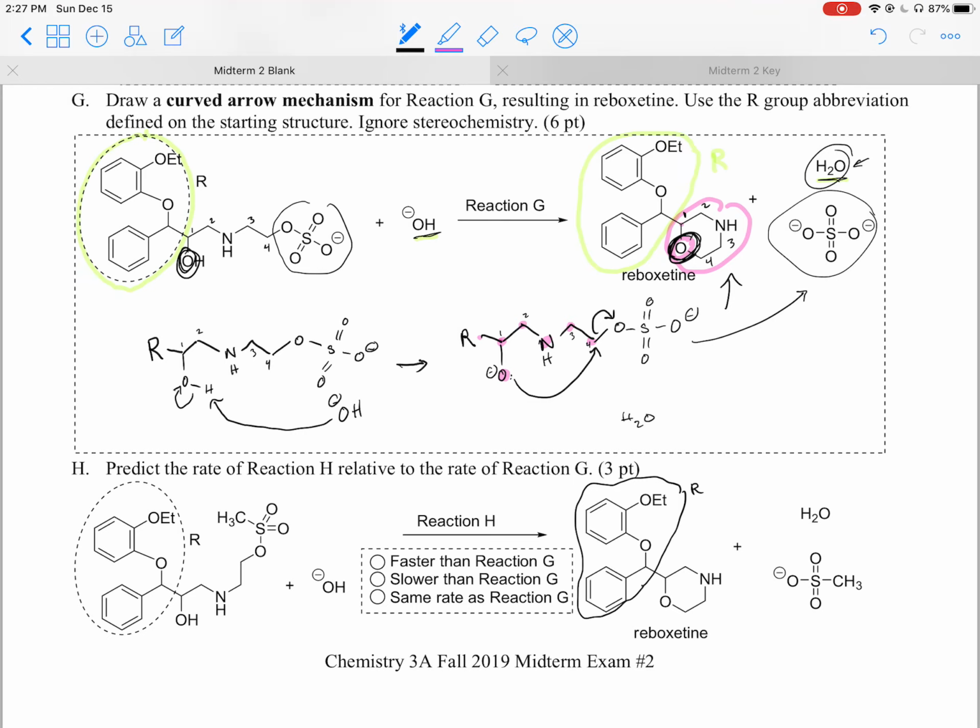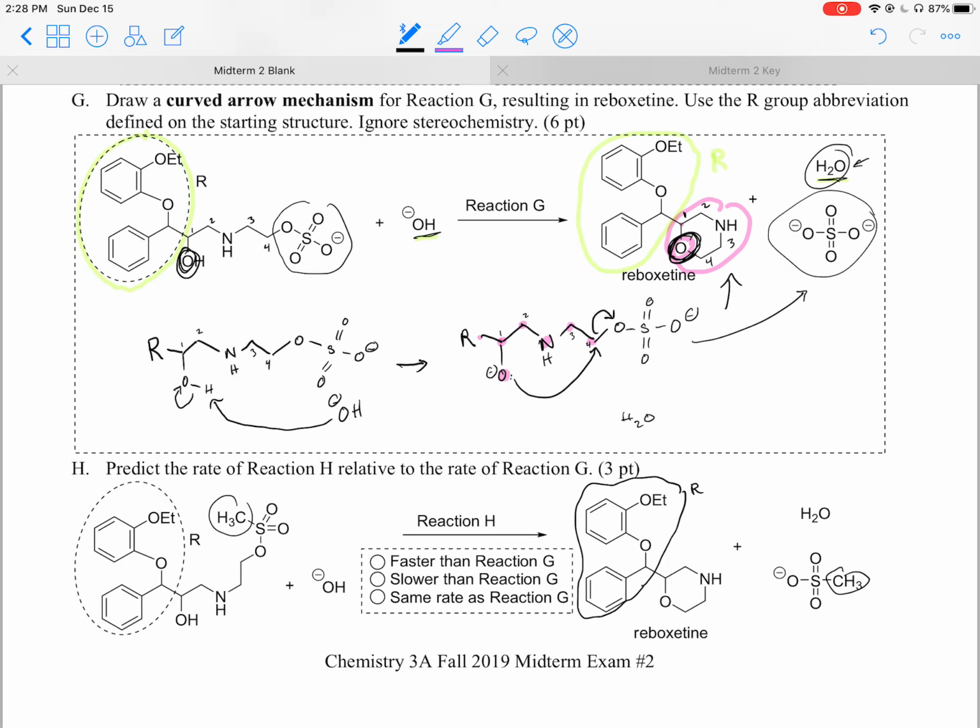Oh, the only thing that's really different is that the sulfur is connected to a CH3 in both of these spots instead of an oxygen. Well, that doesn't really come into play at any point. So I would think that would be the same rate as reaction G. That's the only thing that's changing.